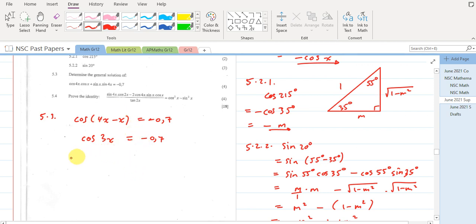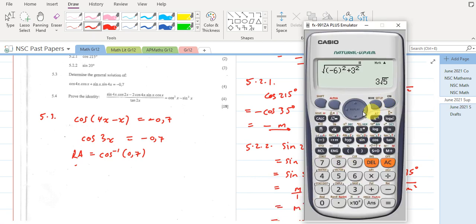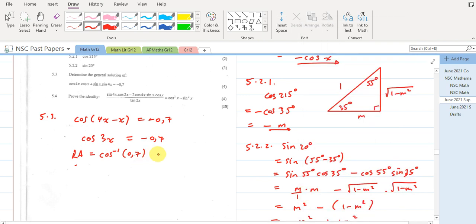So we get cos 3x is equal to negative 0,7. The reference angle is 3x, so the reference angle is cos inverse 0,7. If we do shift cos 0.7, I'm getting an answer of 45,57 degrees.